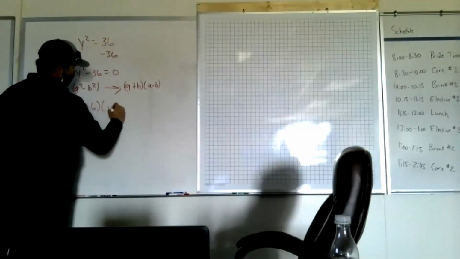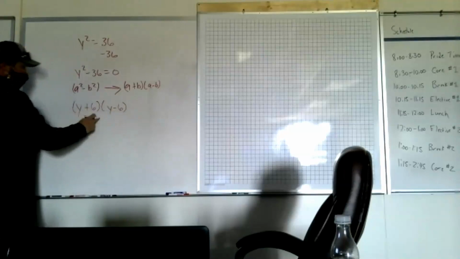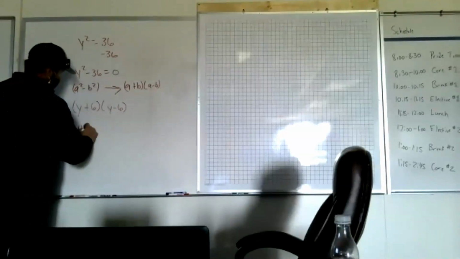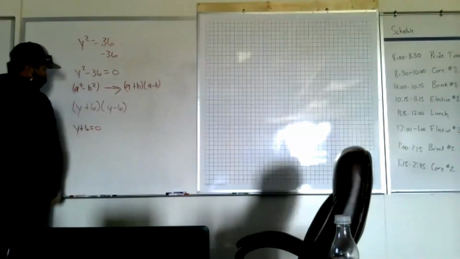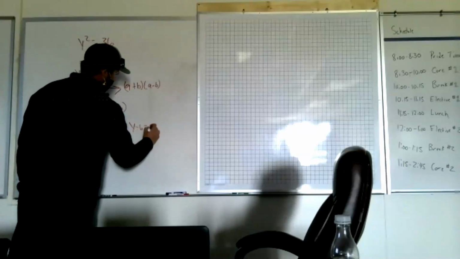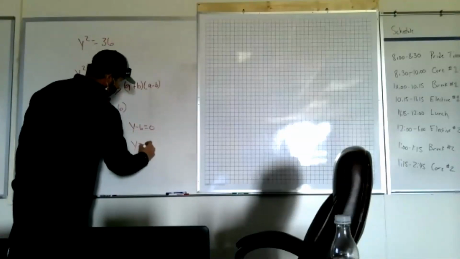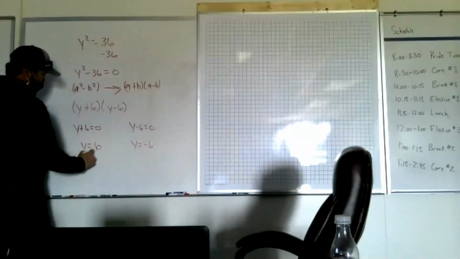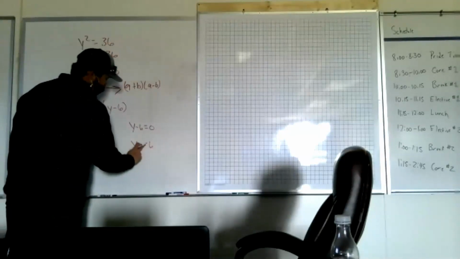I know that my factored form is y plus 6, y minus 6. If I set those both equal to 0, because of the zero product property, and solve for y, I'm going to end up with y is equal to negative 6 and y is equal to 6.